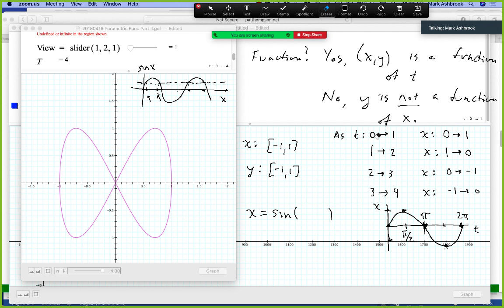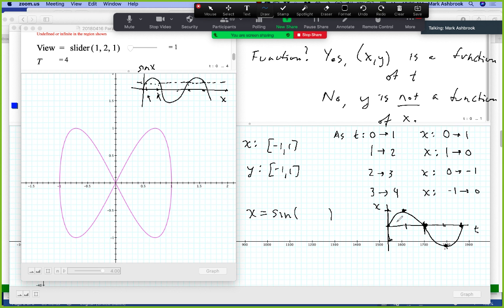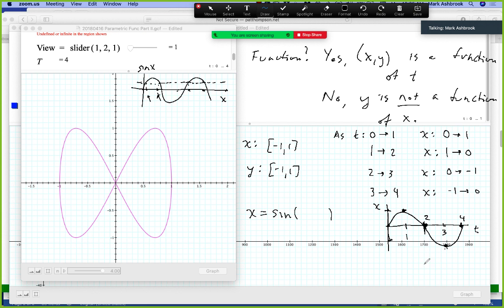The t values that we have, 1, 2, 3, 4, are those t values. But normally that's pi, and normally for sine, that's pi over 2. So as t goes from 0 to 1, we need the argument to go from 0 to pi over 2, so that we get this first quarter of the sine curve.